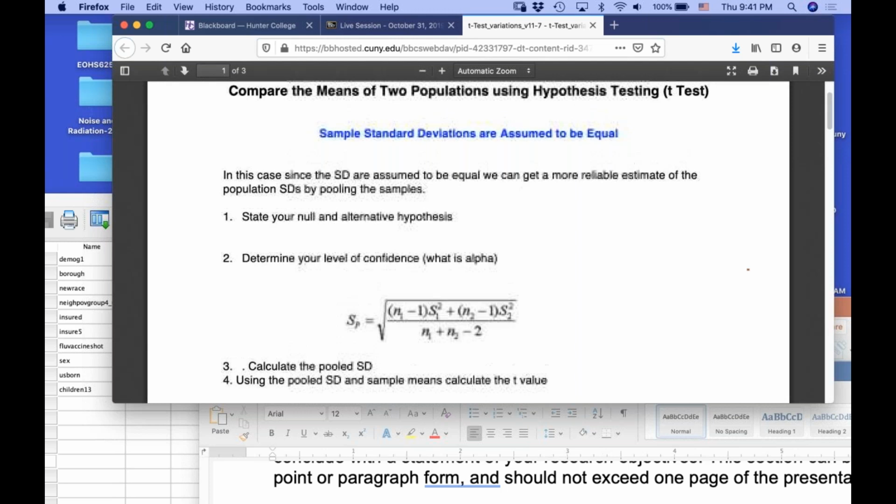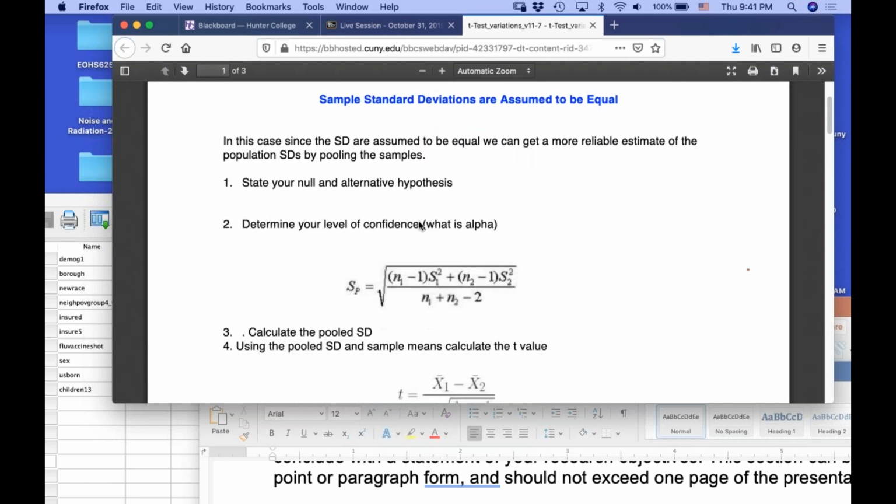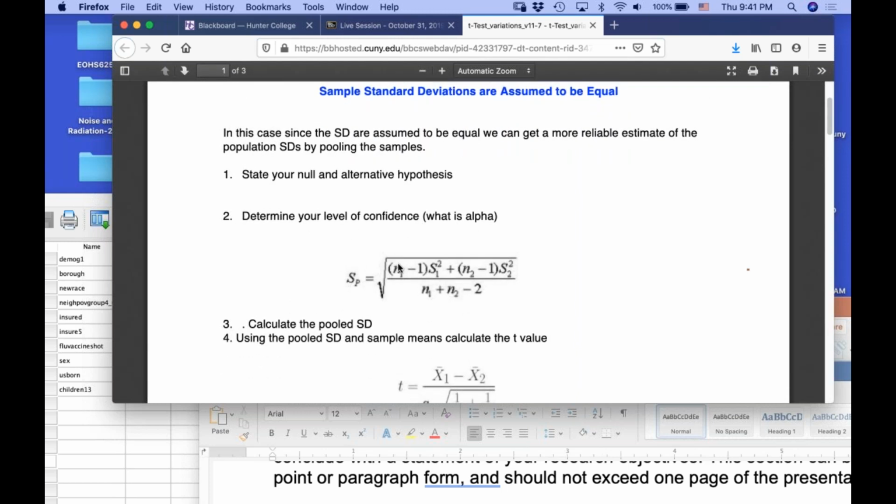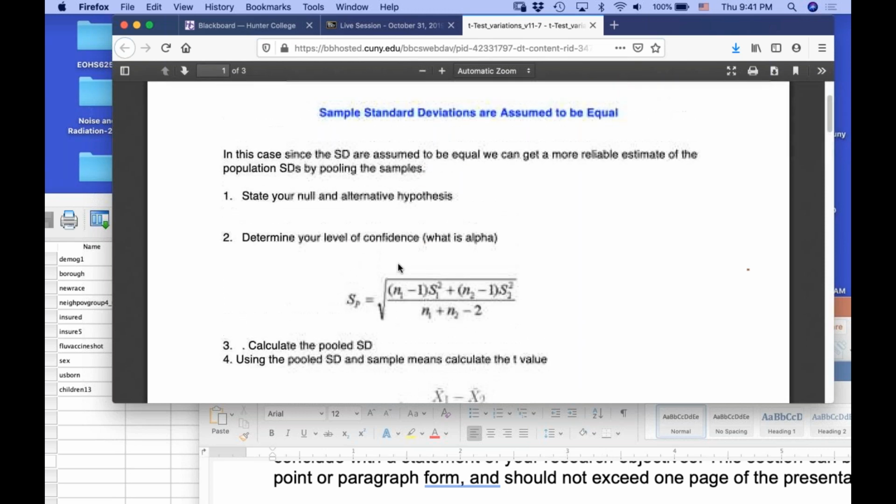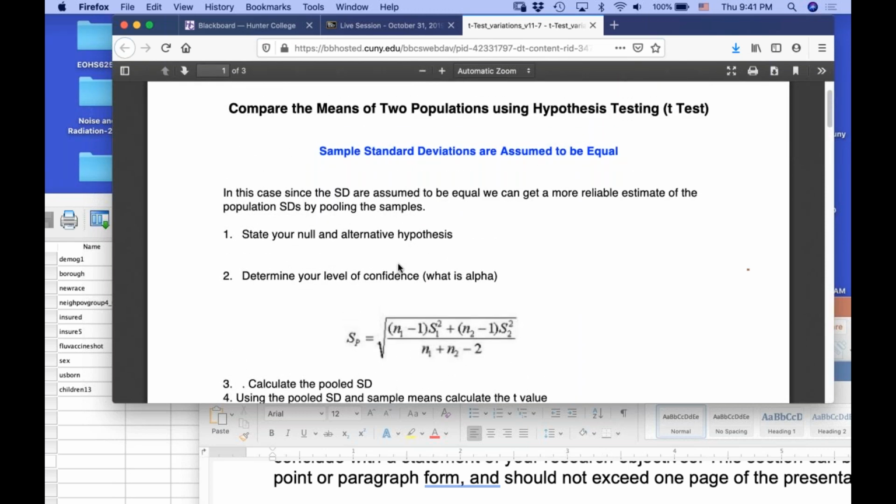But then let's say I ask you to actually do this. You probably do something like this: lay out the null and alternative hypothesis. Then you would make a judgment: are the standard deviations equal or unequal for this particular analysis?